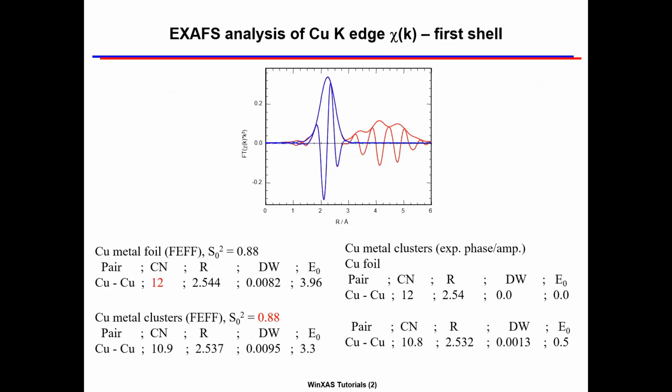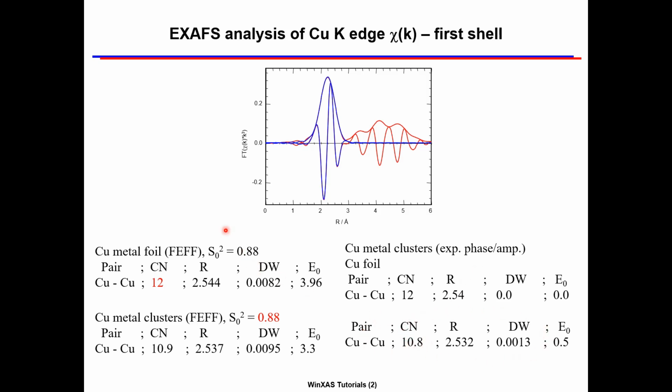In the previous tutorials, we used theoretical and experimental phases and amplitudes for an EXAFS refinement to the first shell of the Fourier transform chi of k of copper metal. On the one hand, the copper foil spectrum was used to extract experimental phases and amplitudes, which were then used in an analysis of the EXAFS function of copper clusters.